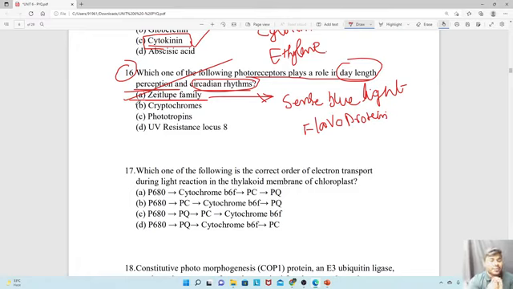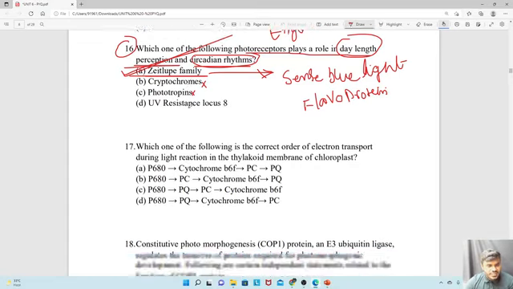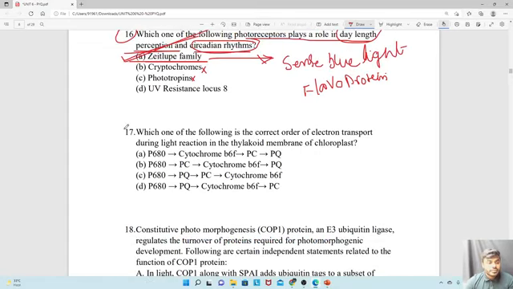Jet loop family proteins are blue light sensing flavoproteins involved in day length perception and circadian rhythm. The answer is A. It's not B and C. Don't confuse this. Okay. Question number 17.